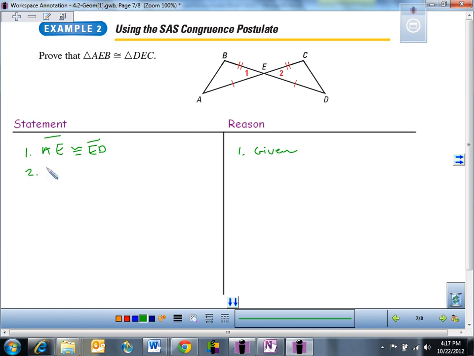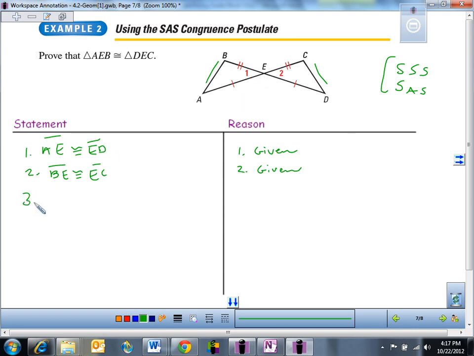And step 2, BE is congruent to EC also because that is given. So right now we have a side and a side. Our options are to prove SSS or SAS, or we can prove all 6, but I think we want to stick to one of our shortcuts. Is there any way we can get this side and this side congruent? No. So we're going to work on these angles.